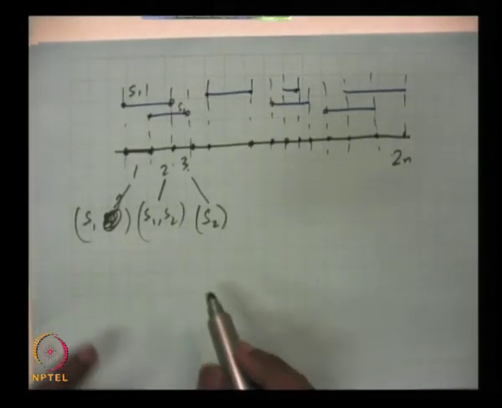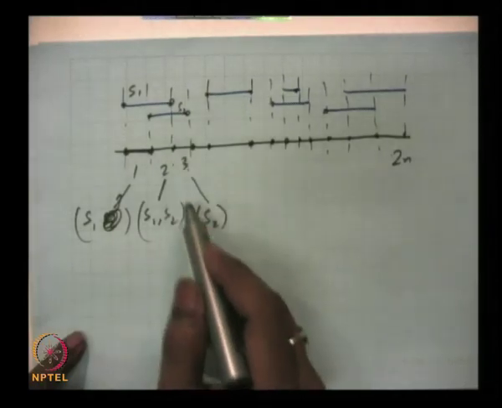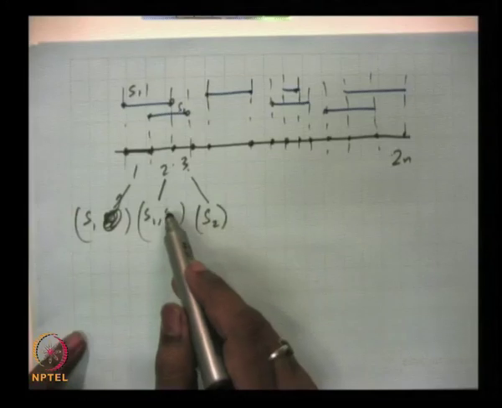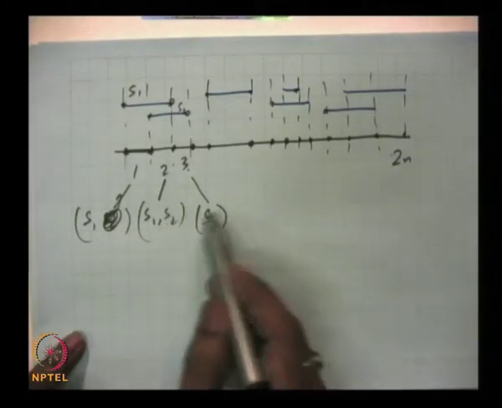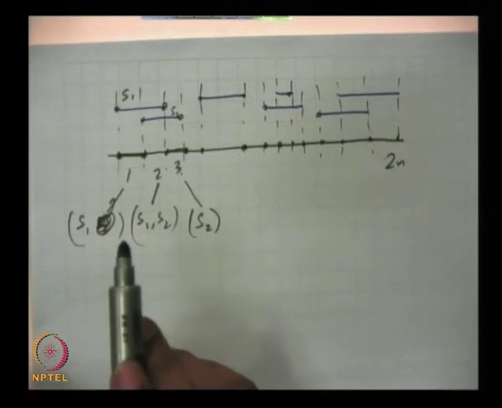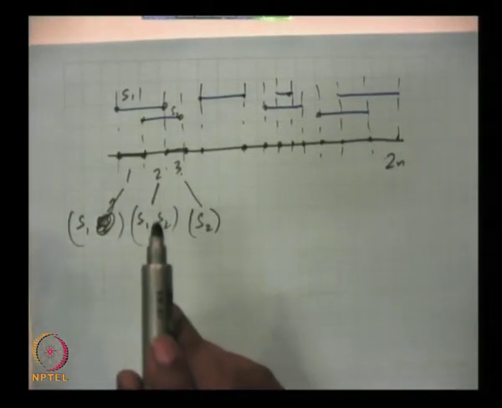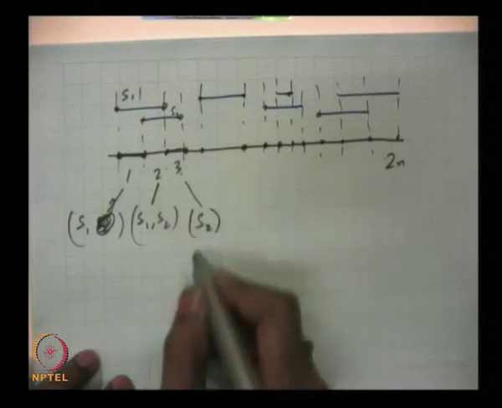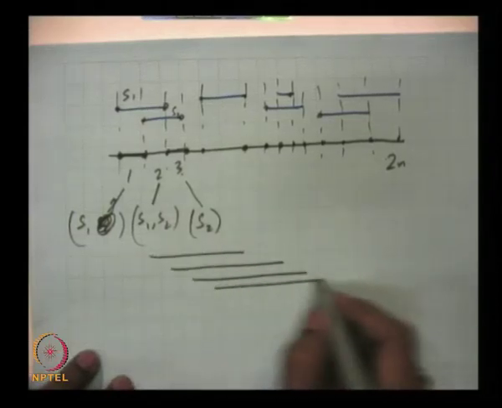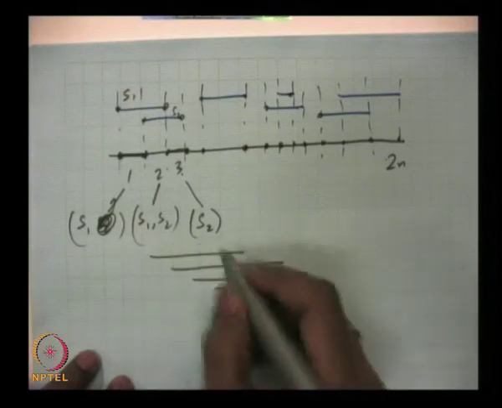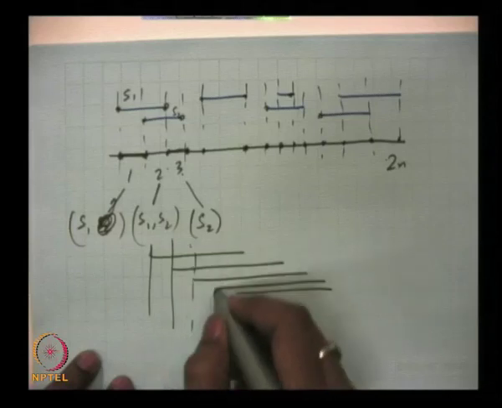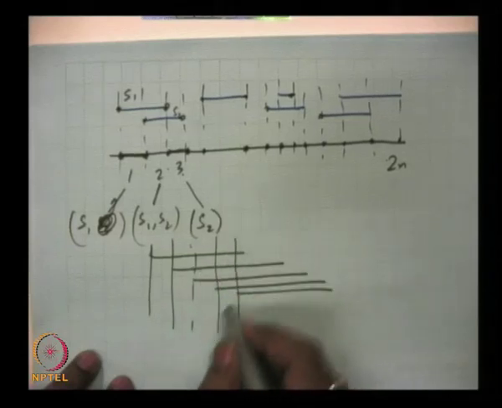The bad thing about this is that if I delete or add a segment, we know exactly which of these intervals are going to get affected, but a large number of intervals could get affected. And not only that, this information itself is bad.